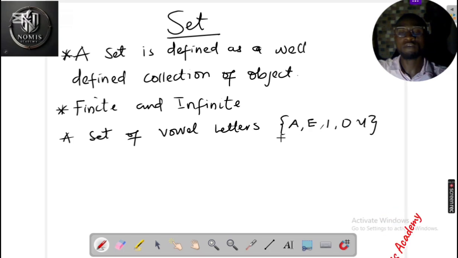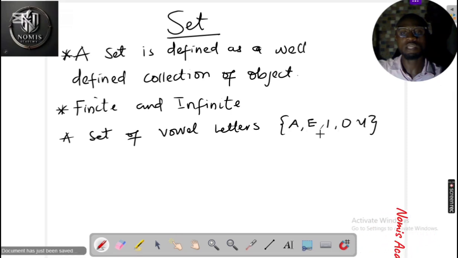So if I had said that in this class we have a set of primary 5 boys, meaning that all that we have in that class are primary 5 boys. So a set of vowel letters includes all vowel letters, which is A, E, I, O, U, and that is all.